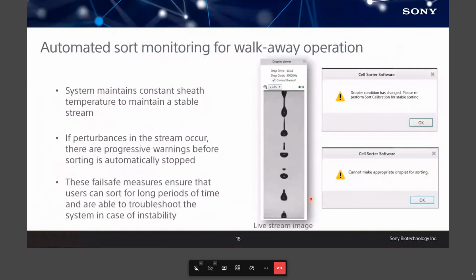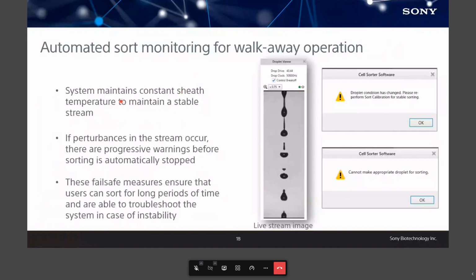So that's all fantastic. My sort's ready to go, but how do I know it's going to remain stable? Do I have confidence that I'm going to be able to sort for a while on this instrument and know that everything is okay? In fact, yes. So the system will monitor and maintain not only the calibration of the droplets, but the temperature as well.